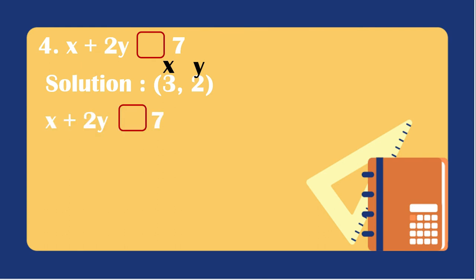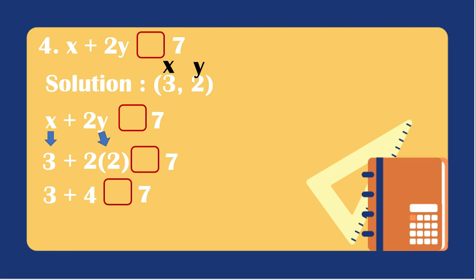So using the given, x will become 3 plus 2 times the value of y, which is 2, and then 7. And then simplify, 3 plus 2 times 2, that is 4, and then 7. 3 plus 4, that is 7.